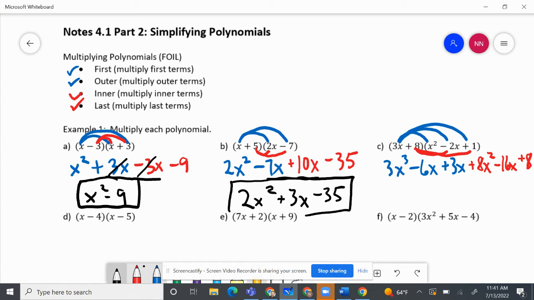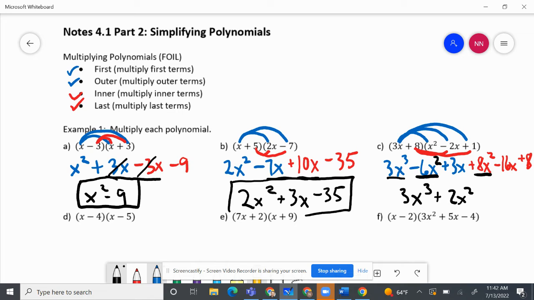Now we're going to add our like terms. This is the only cube, so we have 3x cubed. Oops, let's see, that one should have been a squared. So we have the negative 6x squared and the 8x squared, and that gives us plus 2x squared.